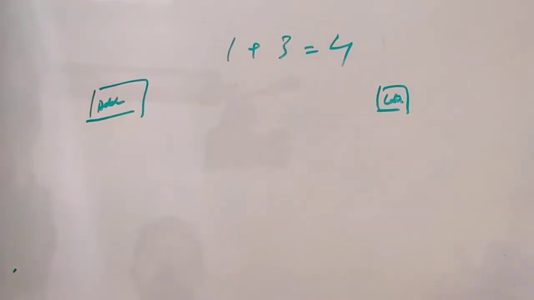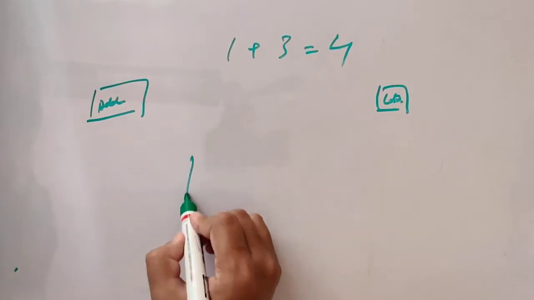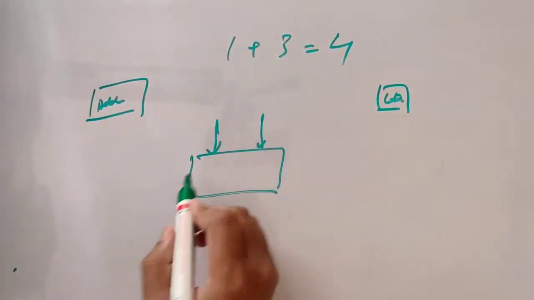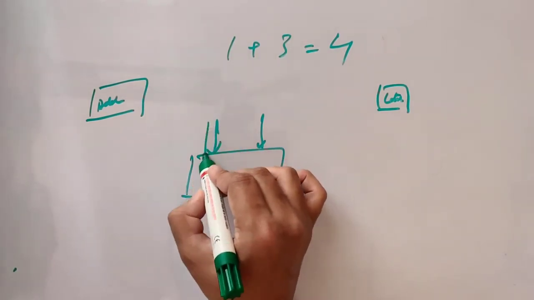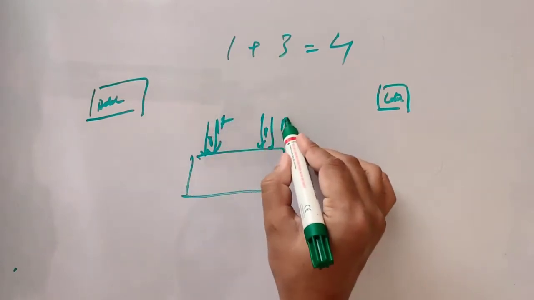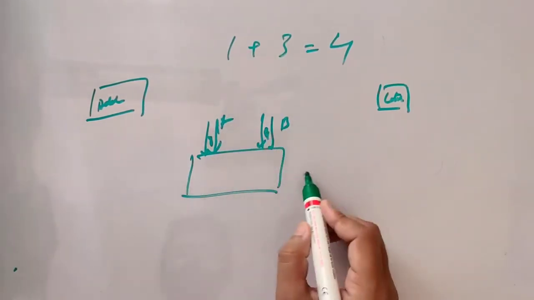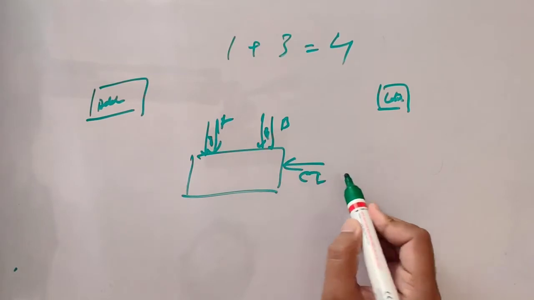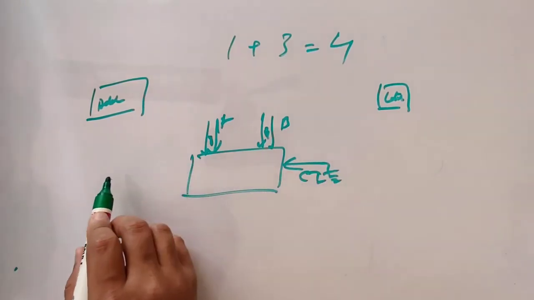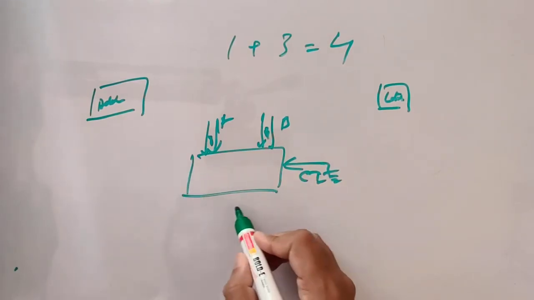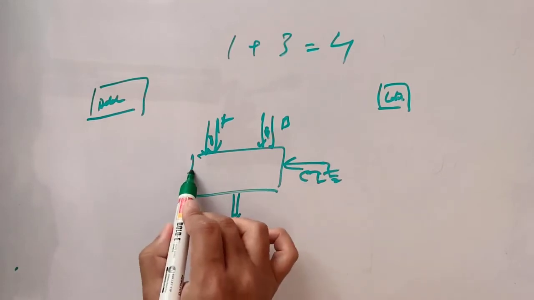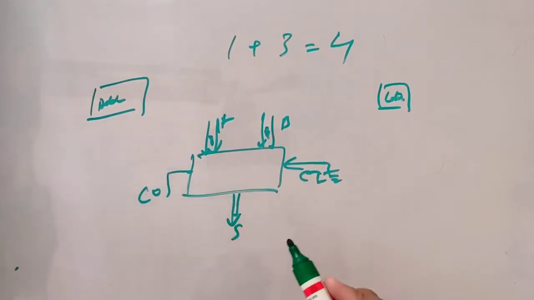But an adder has an A input, a B input, which could be 8-bit inputs, and then there is a carry input, which at first is connected to ground, and then there is a sum, which is again 8-bit, and there is a carry output also.